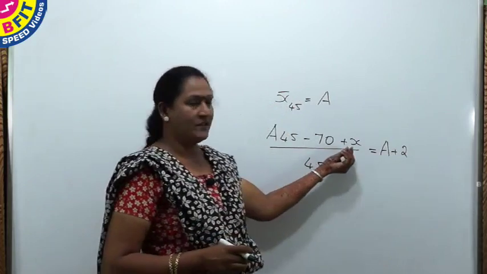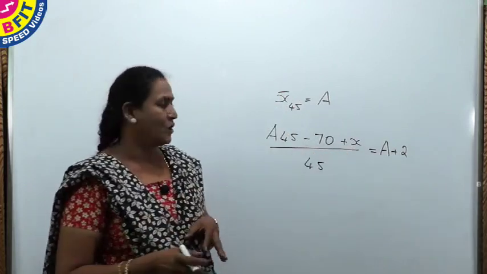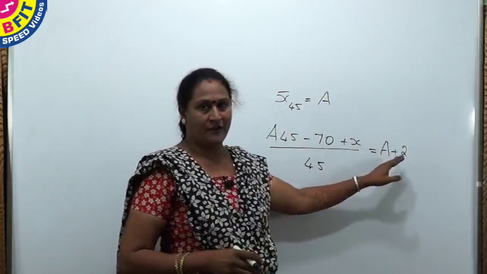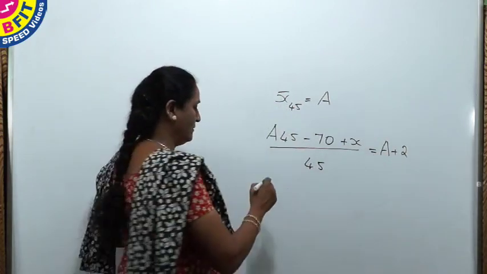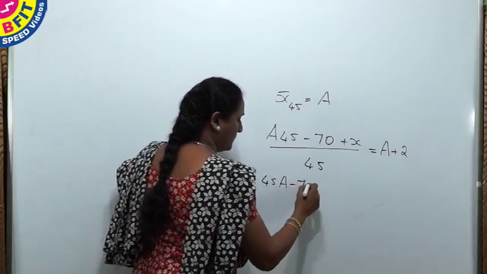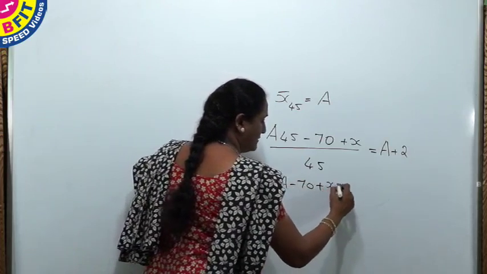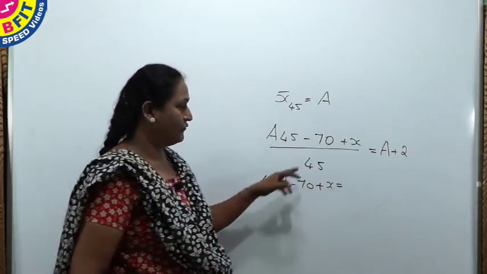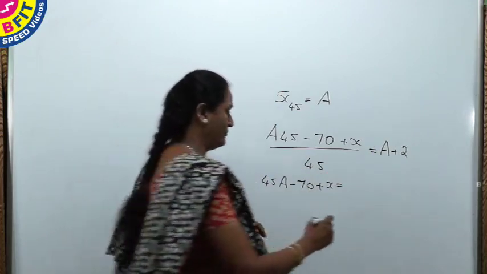Now to find this X, we solve this one by one. Sending this 45 across, we get an equation: 45A minus 70 plus X equals 45 into A plus 2.